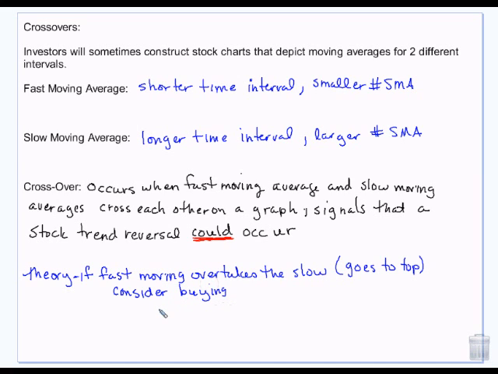Because that indicates that the stock trend is reversing, but that the reversal is going to make the stock go up. And then if the fast moving falls below the slow, that's when you consider selling. Because that could be an indication that the stock price is about to drop.